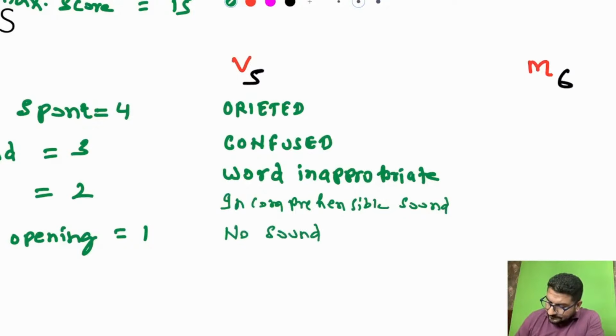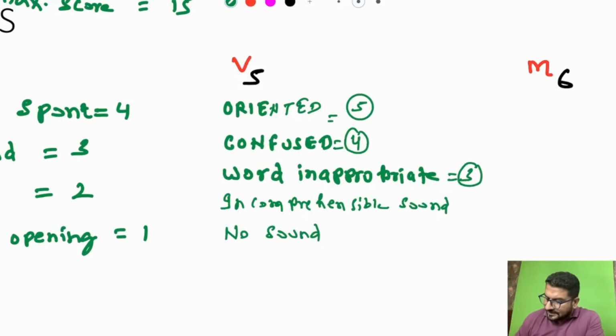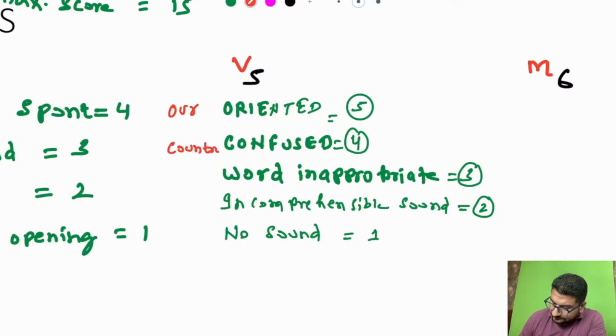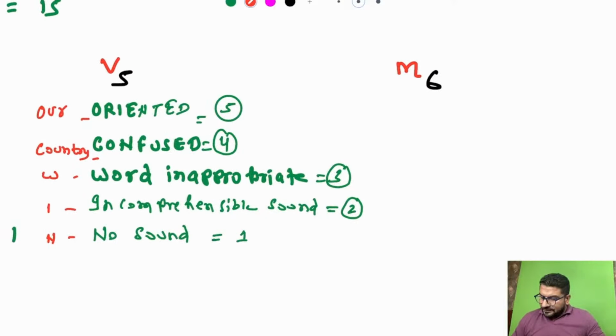So oriented to time, place, person, we give a score of 5. Confused, we give a score of 4. Inappropriate words, we give 3. Incomprehensible sound, or the patient is just moaning, 2. No sound, we give a score of 1. You can remember this by the mnemonic R country win. Now moving to motor component.